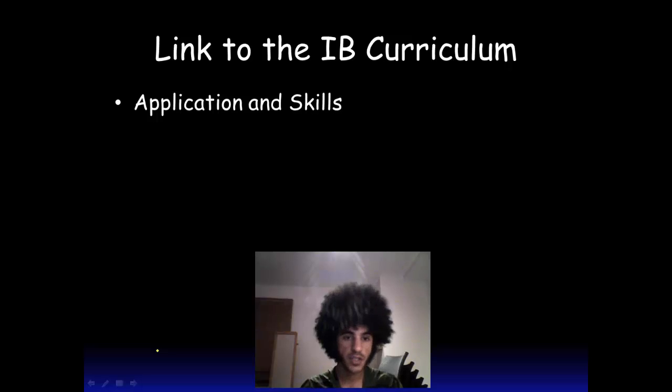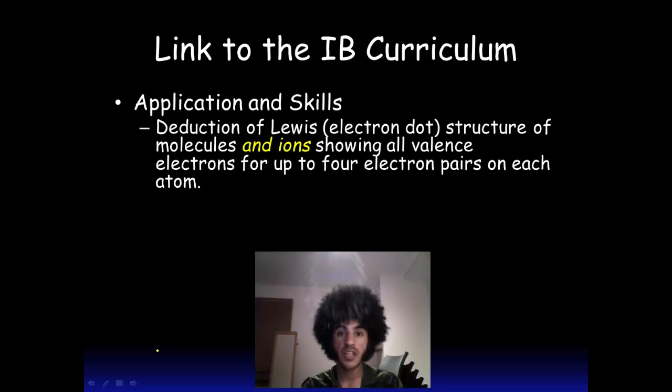So the links to the IB curriculum are from the following descriptors under application and skills. It's part of unit 4 and in particular 4.3. The first thing you need to know is the deduction of Lewis or electron dot structures of molecules and ions showing all valence electrons for up to 4 electron pairs on each atom. Notice I put "and ions" in yellow to denote the fact that that will be in a later video.